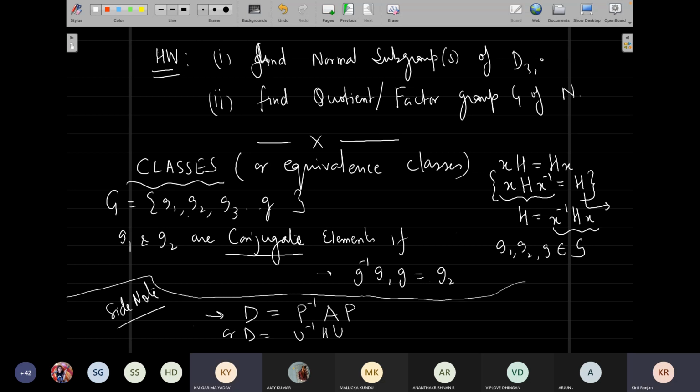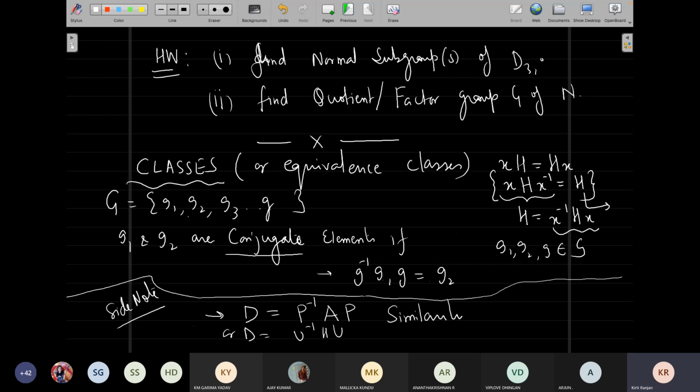We have done it in one of the units, Diagonalization. D is the diagonal matrix. And what was this transformation of A with P? It is called a similarity transformation.